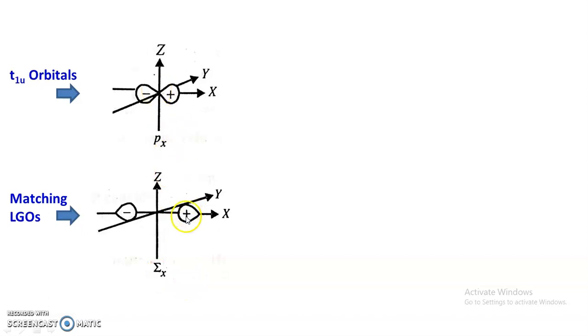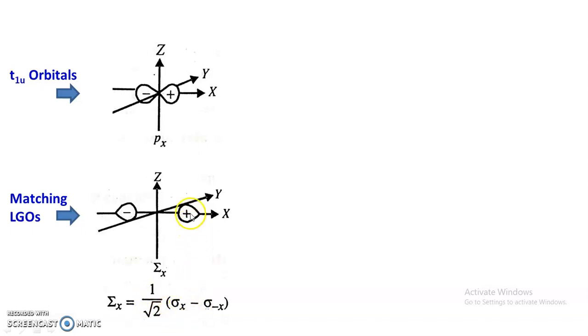You know, this positive lobe oriented along the positive end of x-axis can align with positive lobe of x-axis of px orbital. So summation x is equal to 1 by root 2 into sigma x.